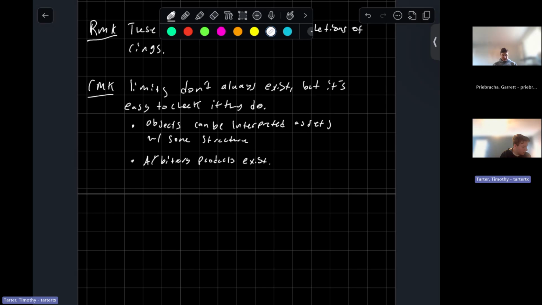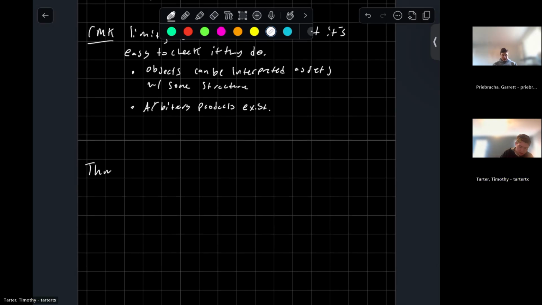Okay. Theorem. The limit of a diagram in the category of sets is basically a universal object that represents the solution set to morphisms in the diagram.